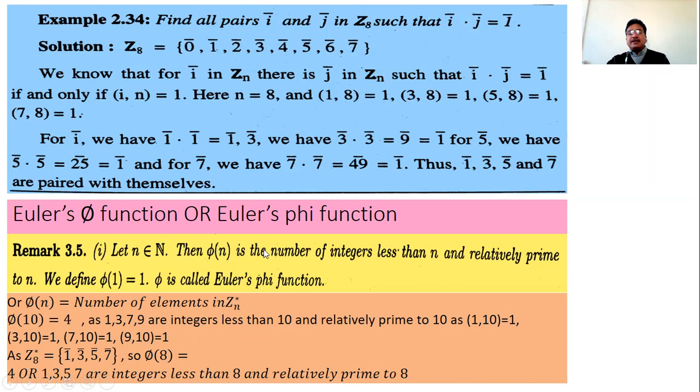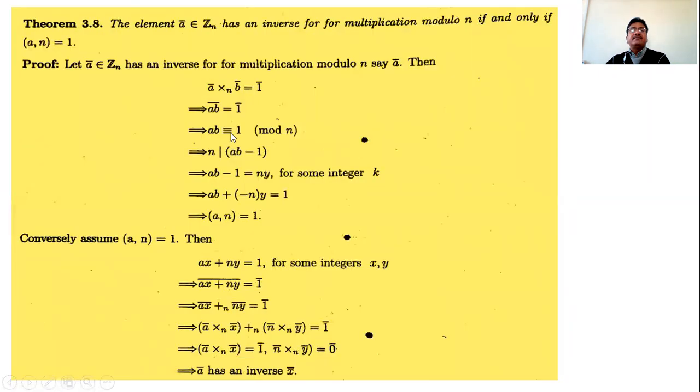So we can find phi n by using two methods. Either use this definition or use this definition, that phi n is the number of elements in Zn star. Both are one and the same. Because in Zn, when a bar inverse exists, that is when a bar is a prime residue class. If the a bar inverse exists, then we say a bar is a prime residue class.